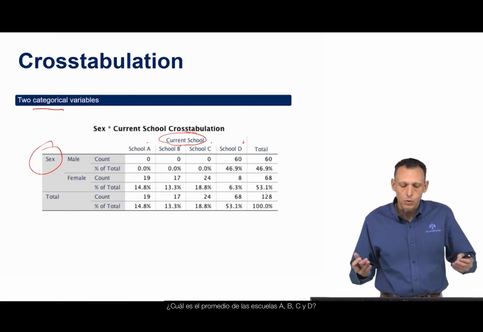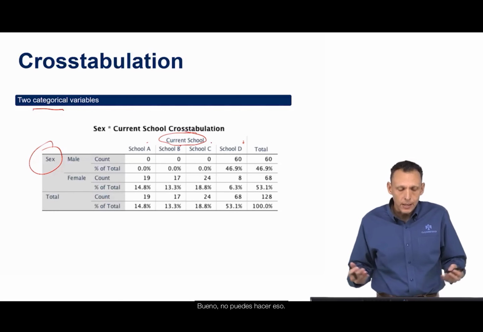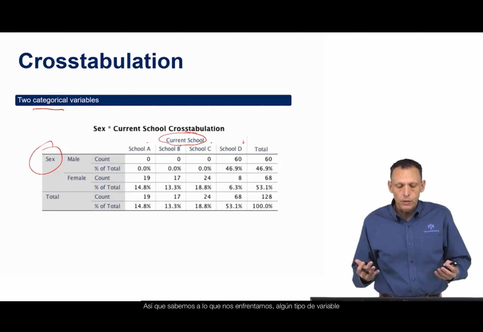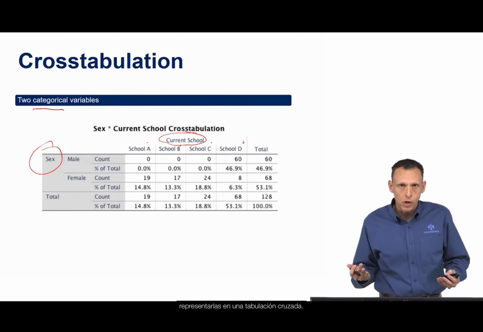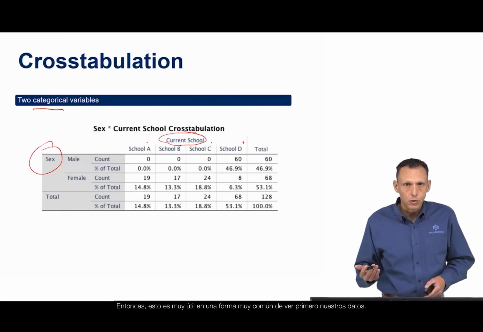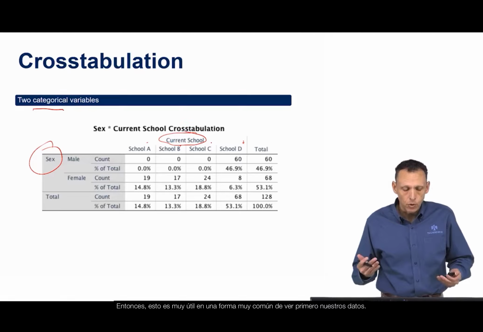What's the average of school A, B, C, and D? Well, you can't do that. So we know we're dealing with some kind of categorical variable, but we can count the frequencies and represent them in a cross tabulation. So this is very useful and a very common way of first looking at our data.